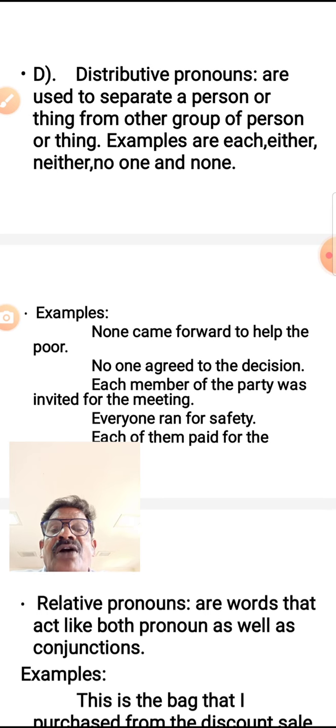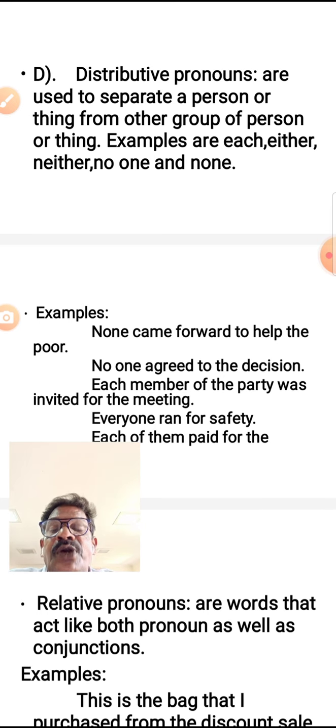None came forward to help the poor. Nowadays, you are witnessing so many corona cases in society, where so many dead bodies have been found on the roads, but none of the people were there to help, isn't it?